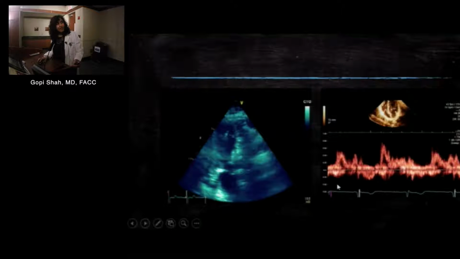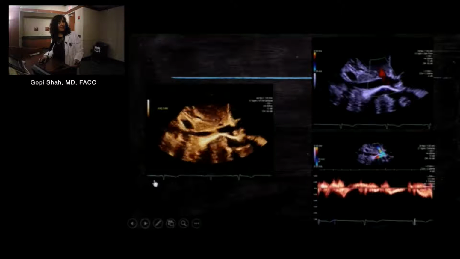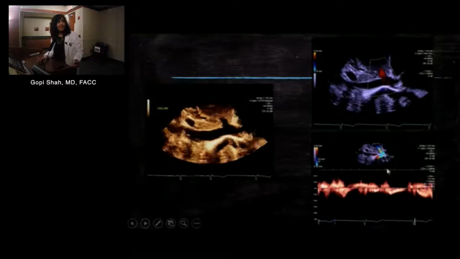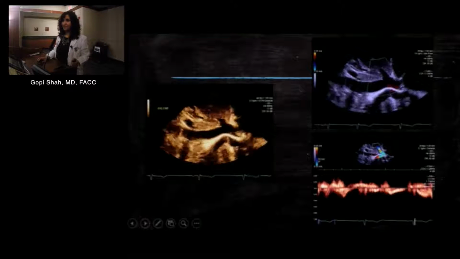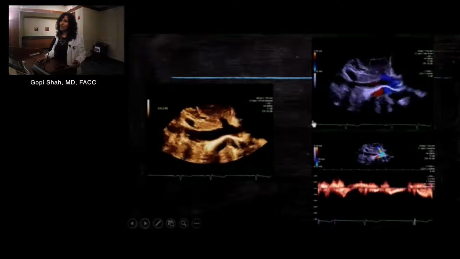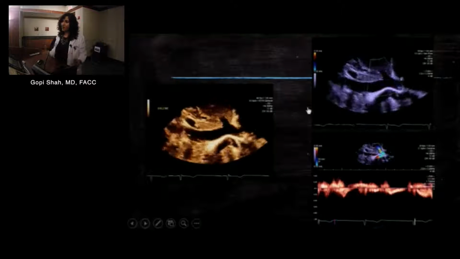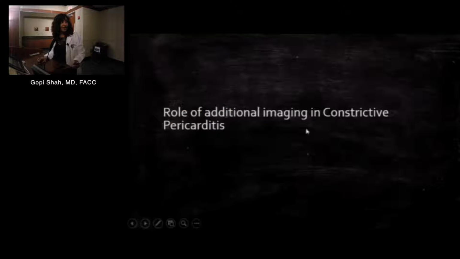There is some respiratory variation. And I want you to focus on his IVC. It collapses beautifully. This is a gentleman who had cystic fibrosis. And his symptoms, and the bounce that we were seeing, were not actually because of constriction from pericarditis, but because of his cystic fibrosis. So you have to be careful; the history of the patient is very important.